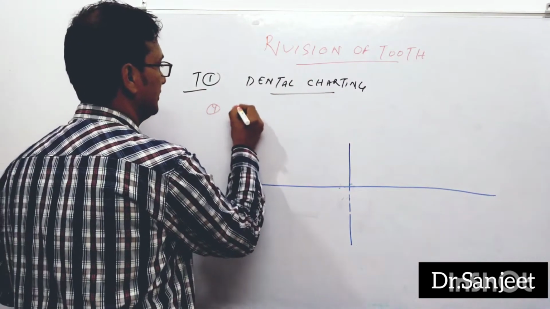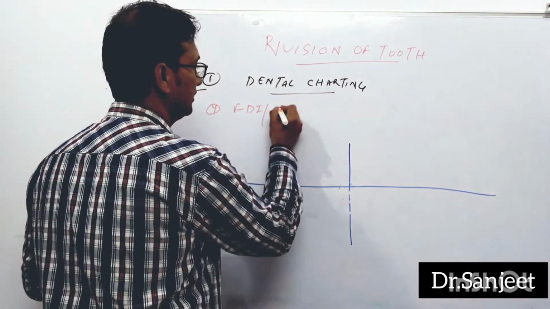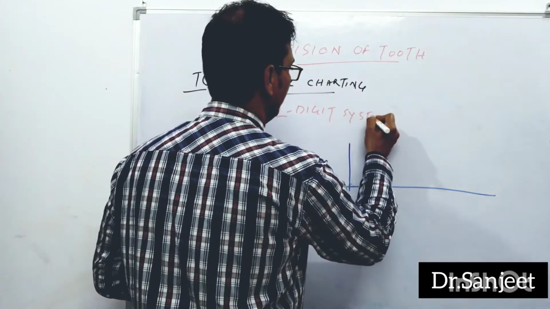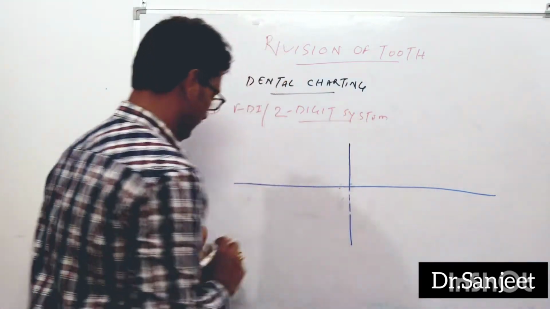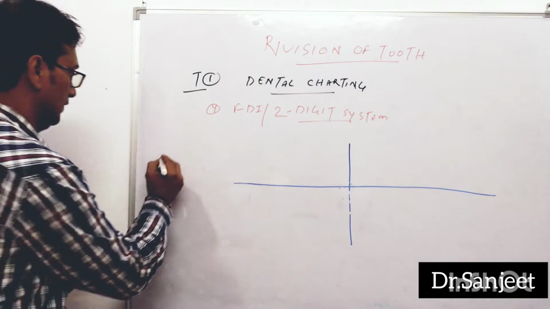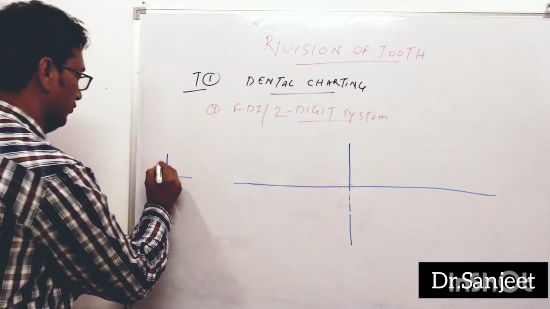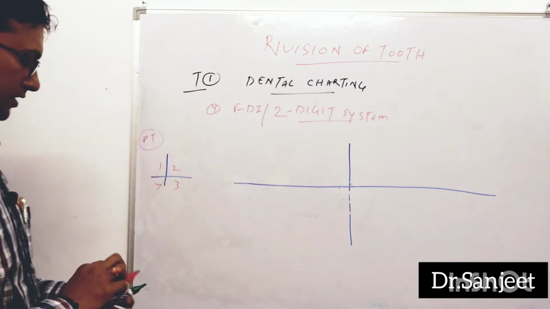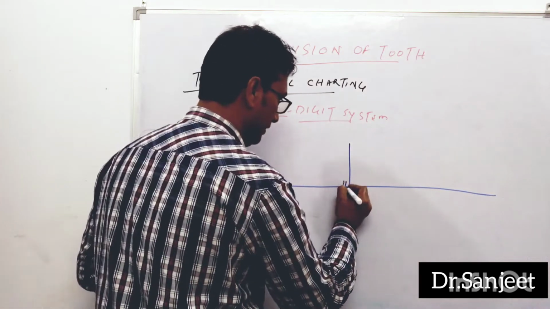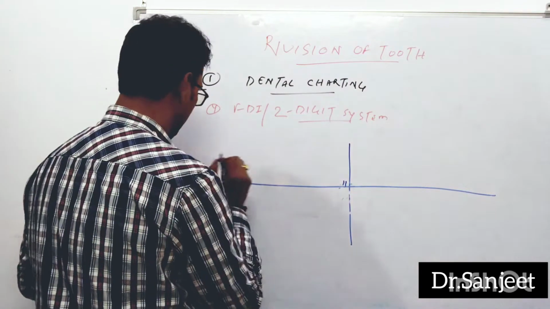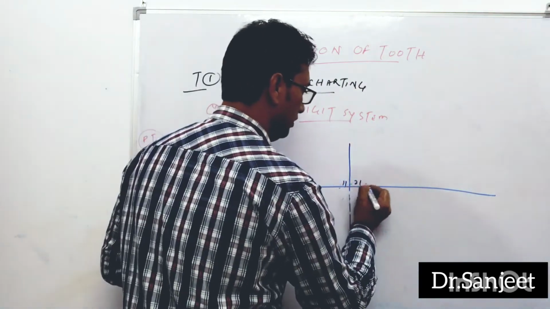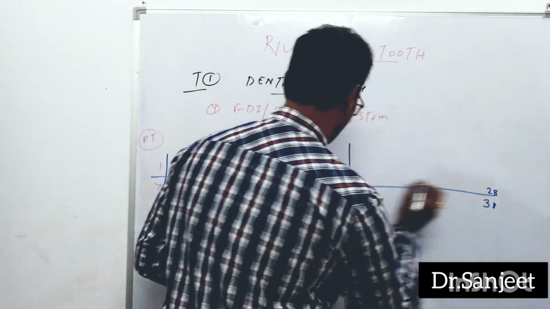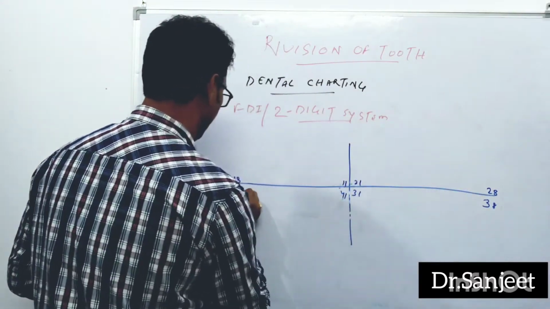Fourth criteria, FDI system or 2-digit system. Here we are using 1, 2, 3 and 4 for permanent tooth. So instead of 1, we have to write here 11 to 18, and second quadrant 21 to 28, 31 to 38 and 41 to 48.